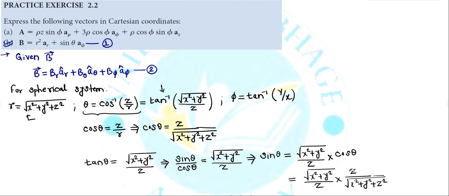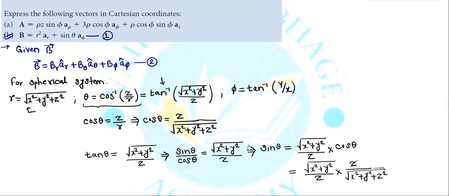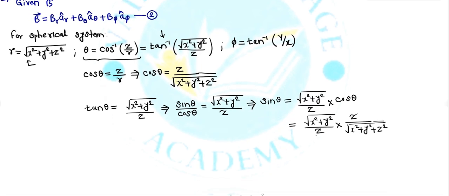Now this z and this z cancel out. So what is the value of sine theta? We are left with sine theta equals square root of x square plus y square divided by square root of x square plus y square plus z square.